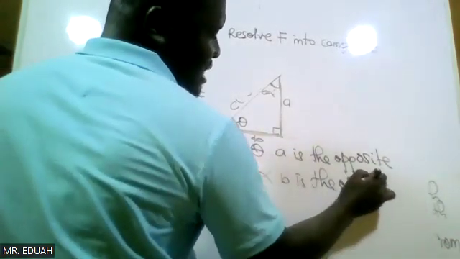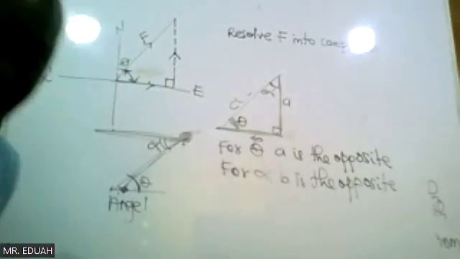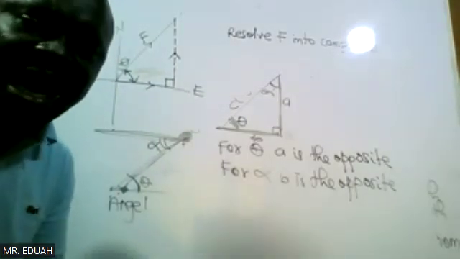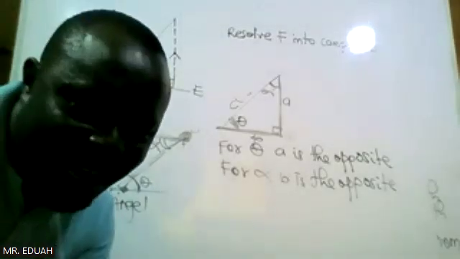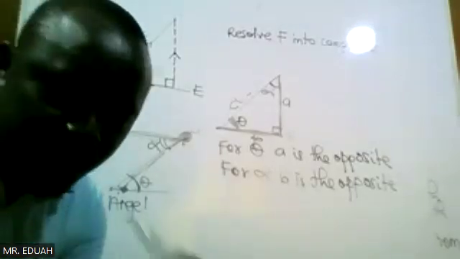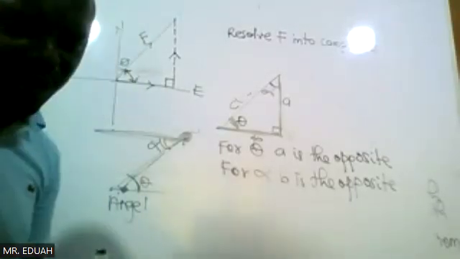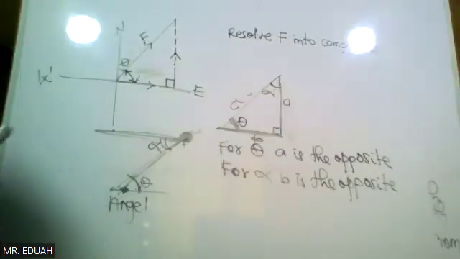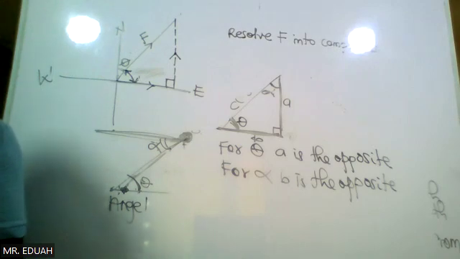So the opposite side has to do with the angle. It is not a fixed situation. It isn't always fixed. It depends on the angle position. Are we fine? Yes, please. So it depends on the angle we are talking about.